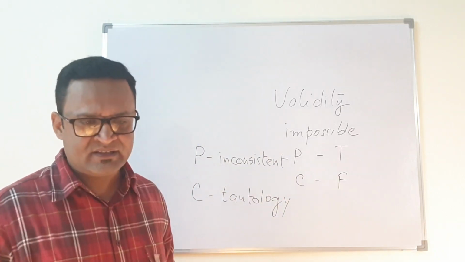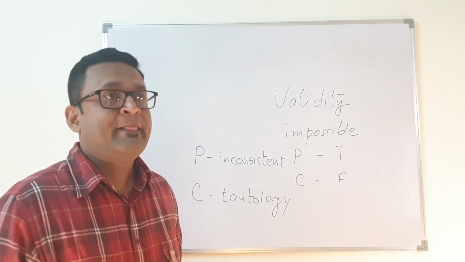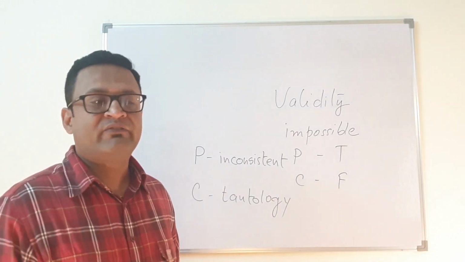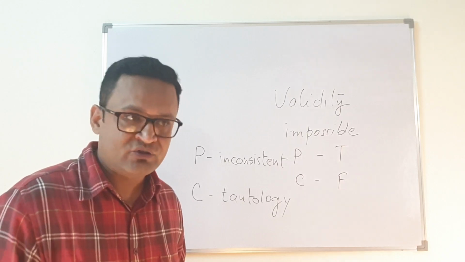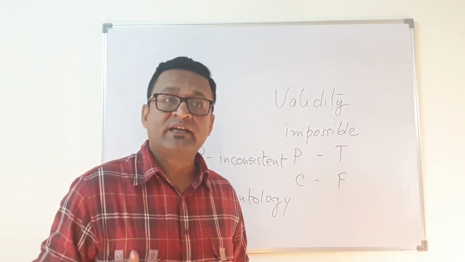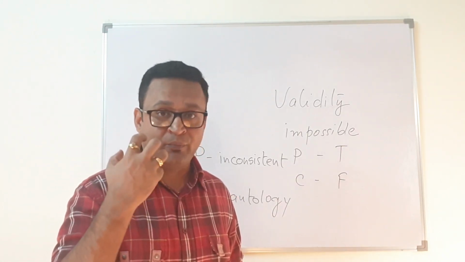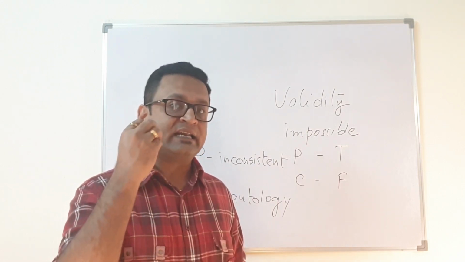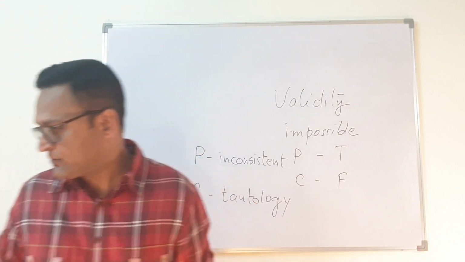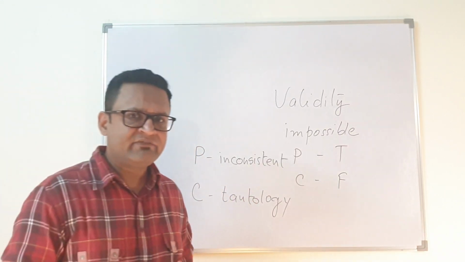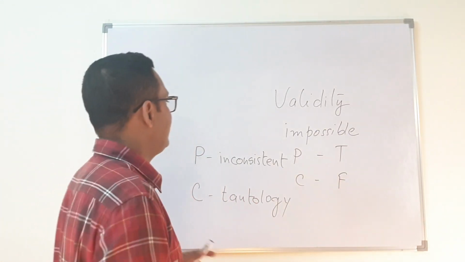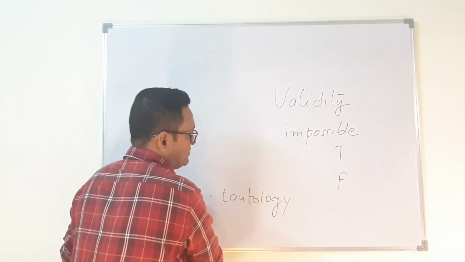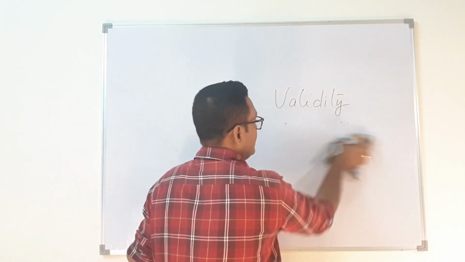All these things give us a lot of hiccups about how we should understand the notion of validity properly. Truth tables give us a very clear understanding of validity, so I will give you a very basic understanding of validity using truth tables as well.